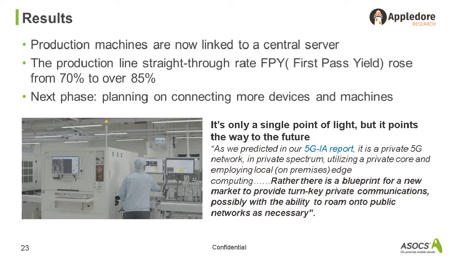And that achieved phenomenal success numbers by increasing the first pass yield of that specific machine from 70% to over 85%. So when we look at 5G as a technology, we shouldn't just look at it as yet another air interface that we want to build sensors on top of, but also as an additional layer to the existing tethered or cable-based production floor.